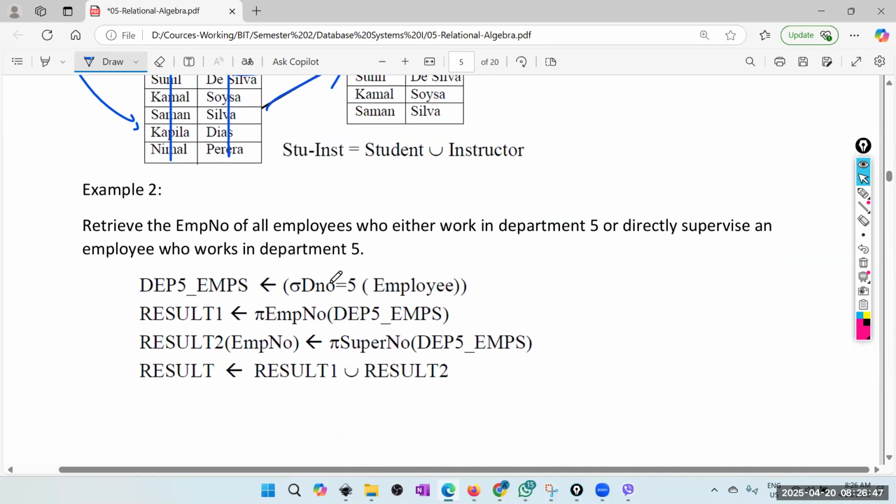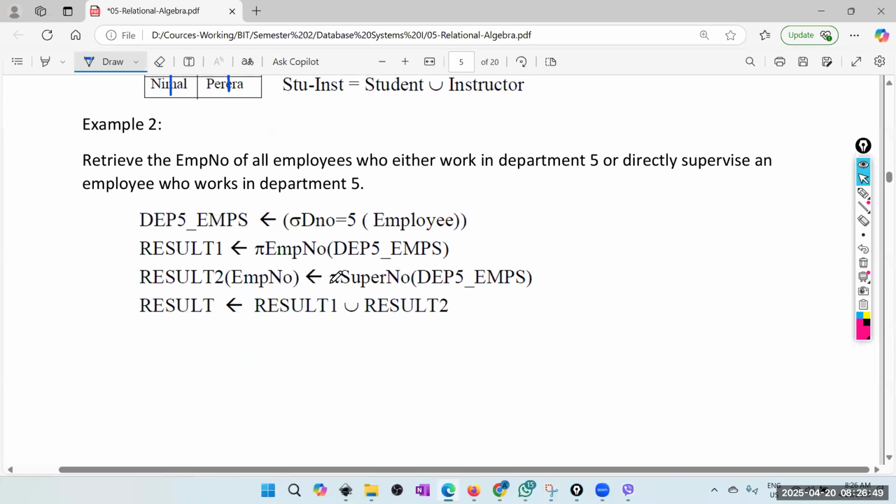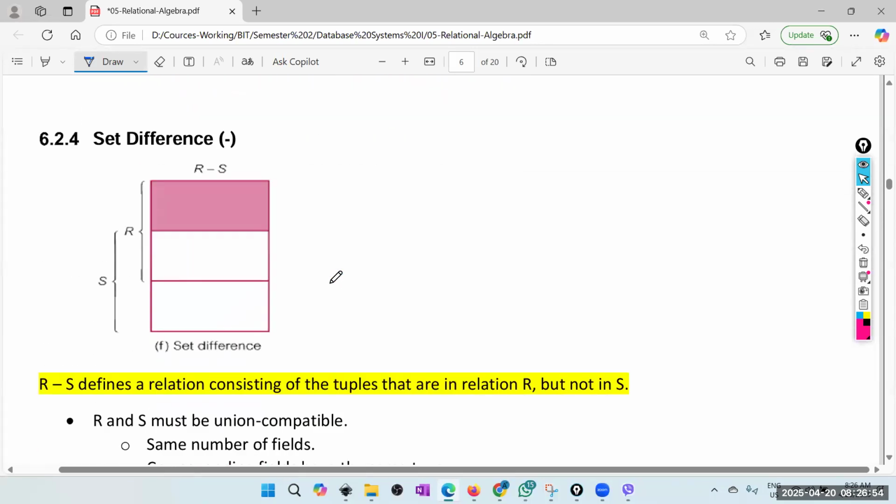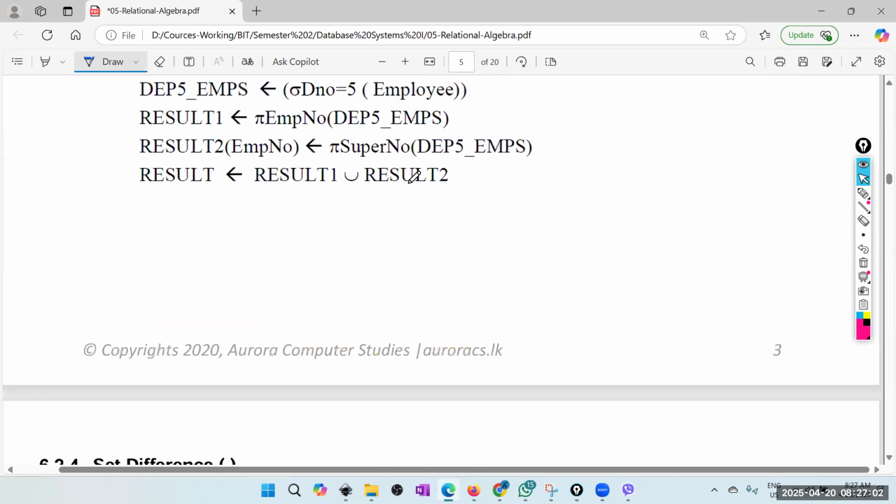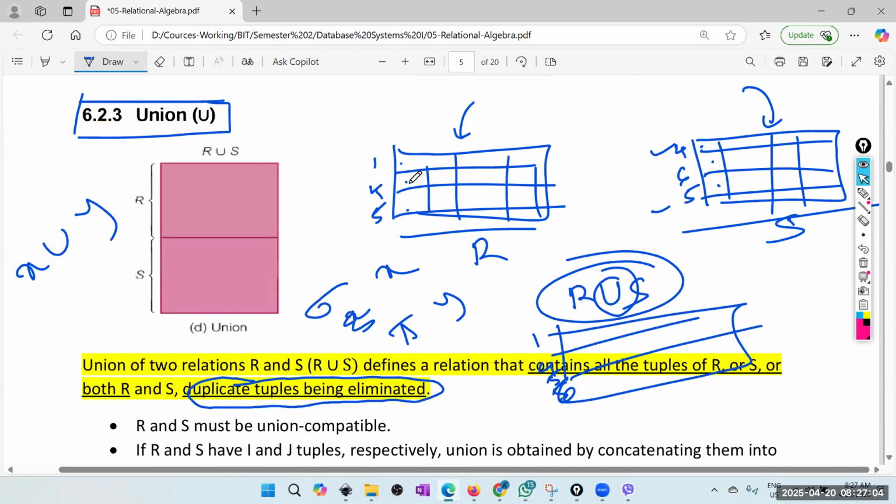Okay. Right. So the next one is set difference. So set difference is, here you have a set of data. I'll take the same example. So what is R minus S? So R has 1, 4, and 5. S has 4, 6, and 5.